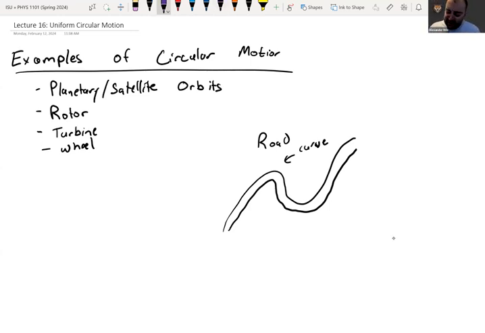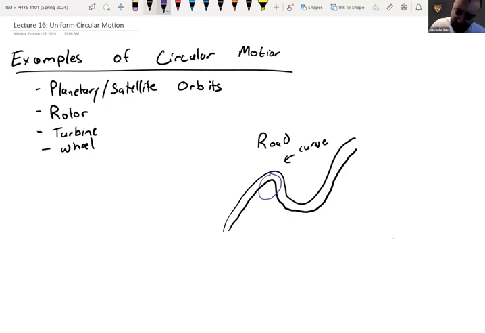However, physically, we can approximate this portion of the curve as a circle. And we can apply a lot of the lessons we learned from analyzing circular motion to that curve in the road. It turns out to be quite useful in doing these kinds of analyses. So that's one of the things that we're going to be looking at.